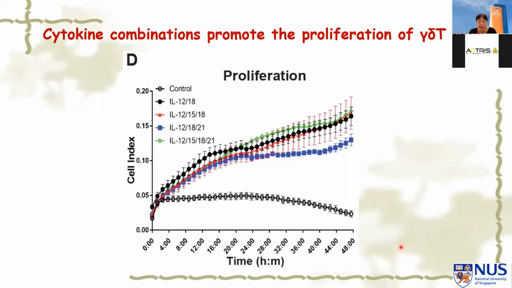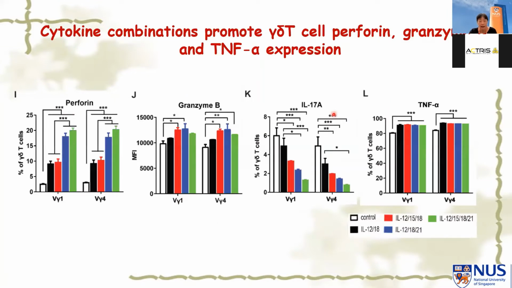You can see here, this is a 48-hour proliferation assay. All the combinations promoted gamma delta T cell proliferation quite significantly. In terms of molecule expression related to killing, perforin is also significantly increased, granzyme B slightly increased, and TNF alpha slightly increased.